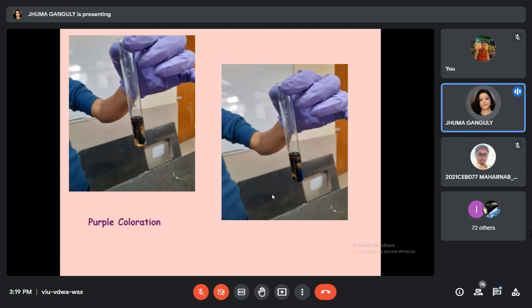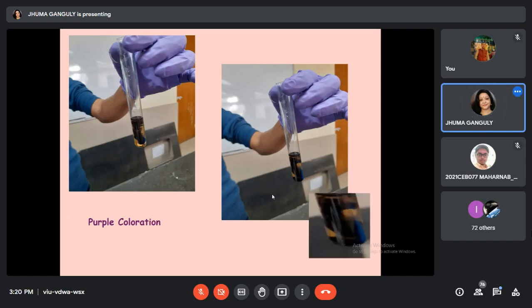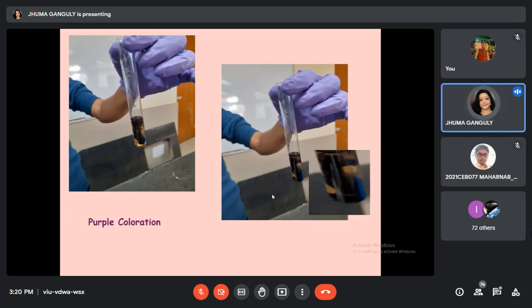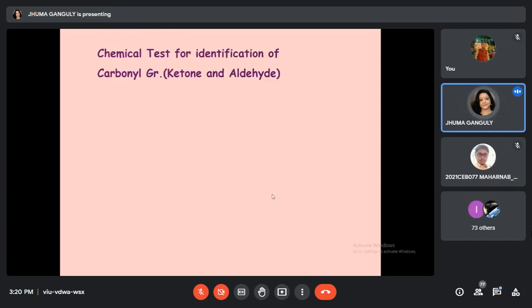Beta naphthol will give a green color, sometimes red color, depending on at least one phenolic group. Others will be nitro, NH2, whatever you have, you will get. Still not clear. It looks like reflection, because of the glass reflection.